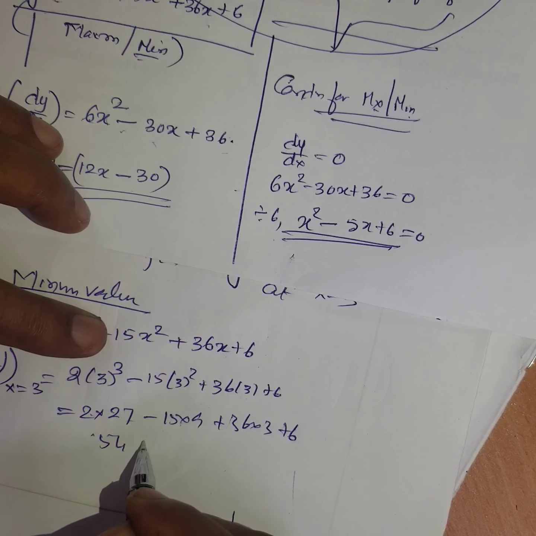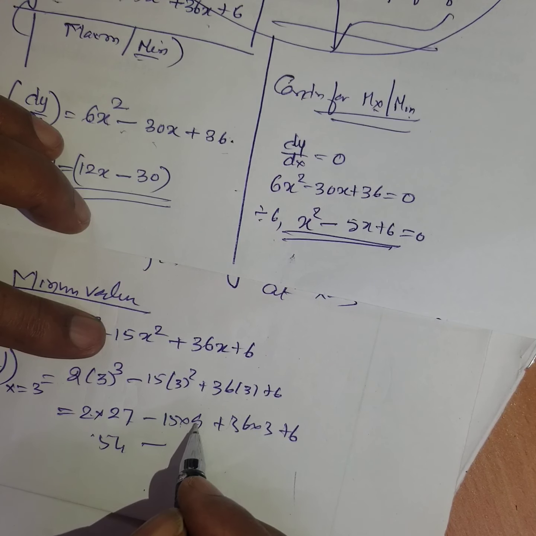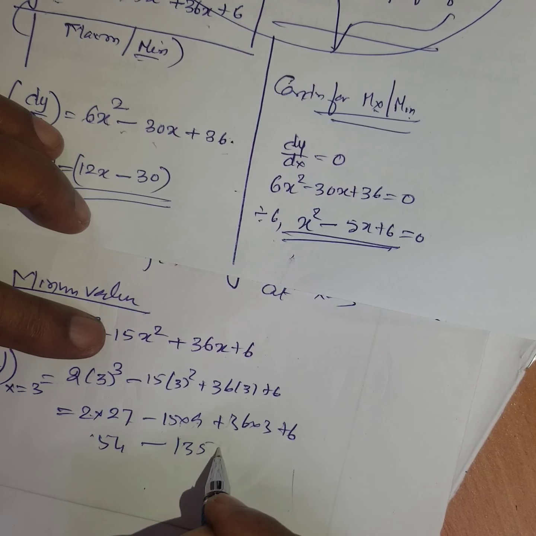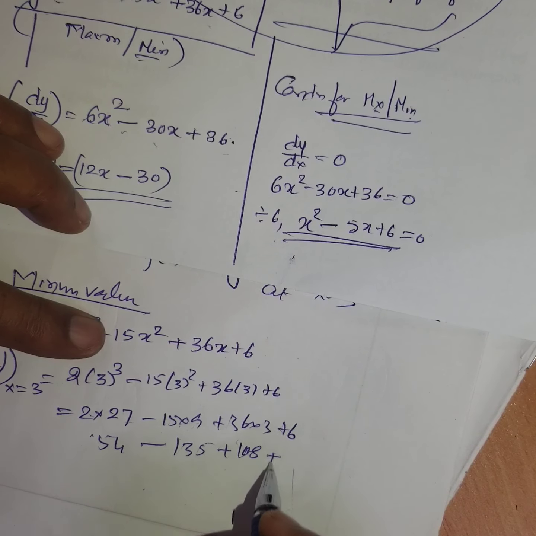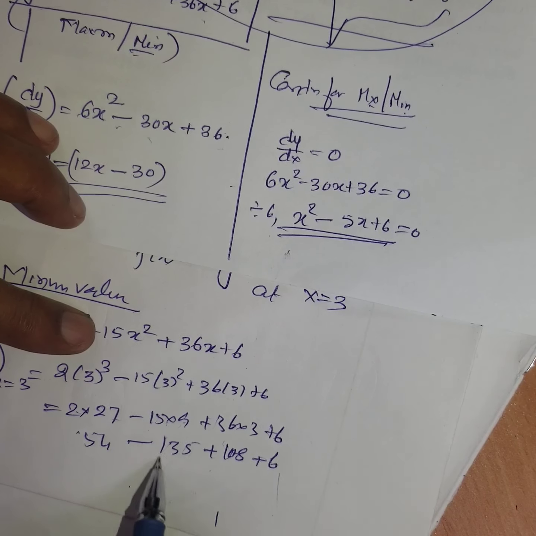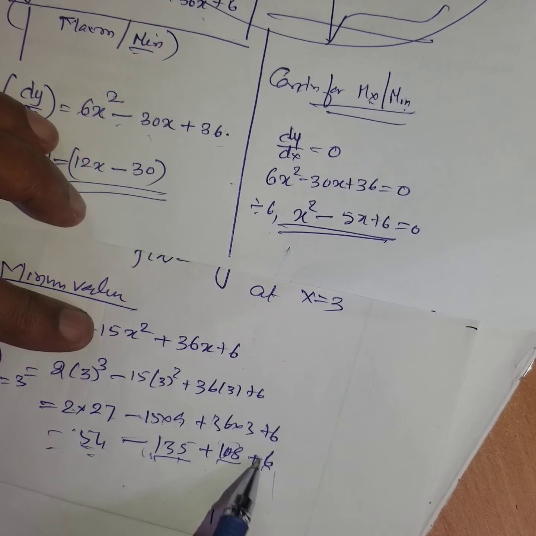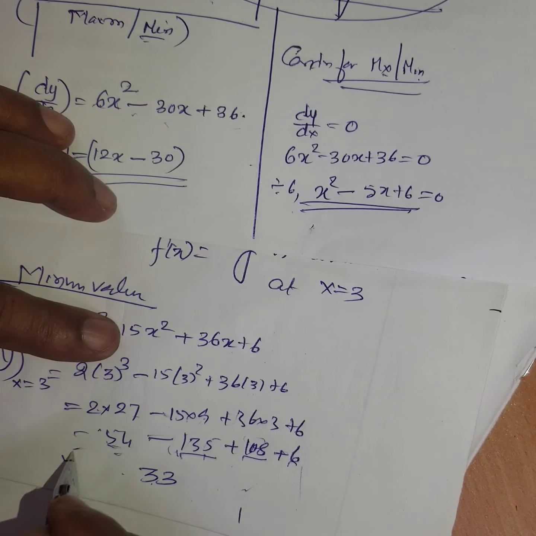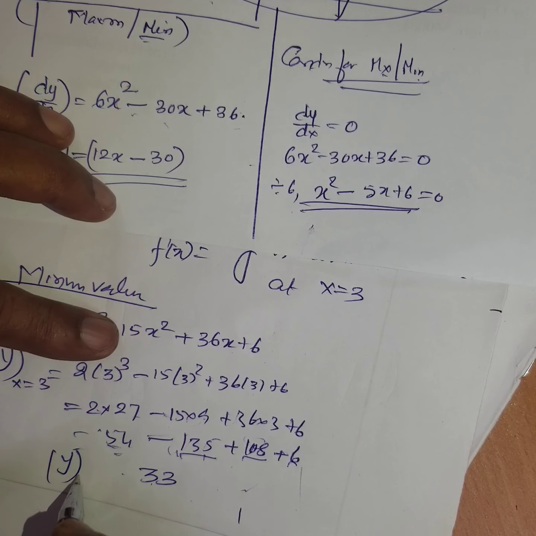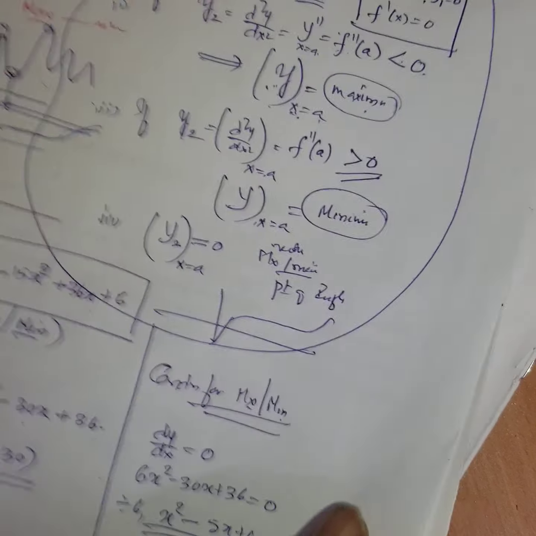That is 2 into 27, 54, minus 15 into 9, 135, plus 108, plus 6, which is 33. Therefore, y at x = 3 is 33. Now what is this pillar height?